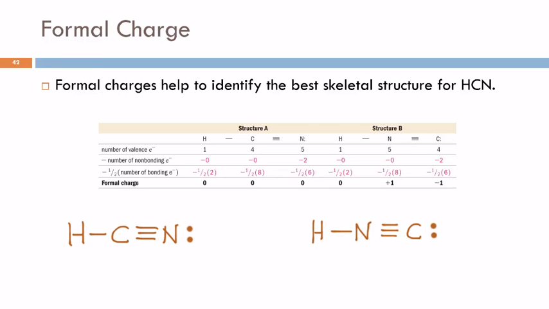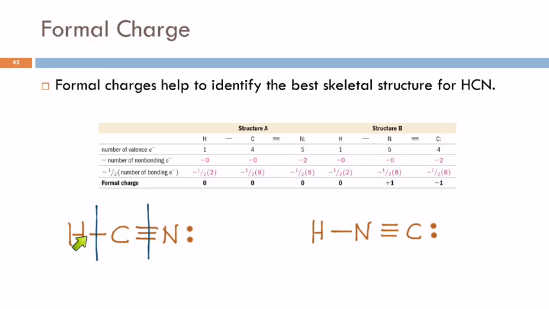So we're going to pick the best one by looking at formal charges. Doing formal charges is a little bit like you're taking this molecule and all the atoms are getting divorced, right? And they're just going to split all the shared stuff equally. So I'm going to draw a line here and here. All the bonds are just going to get cut in half.